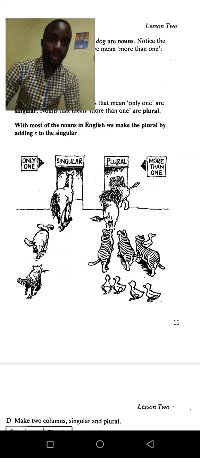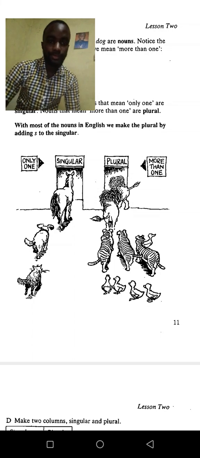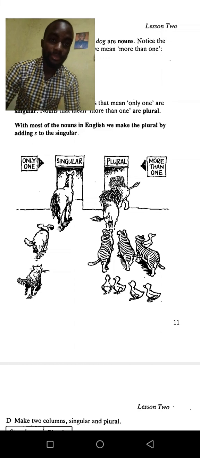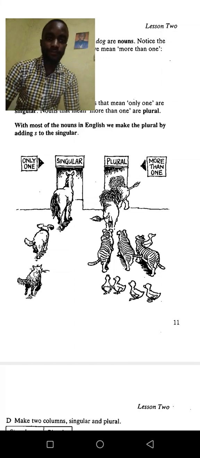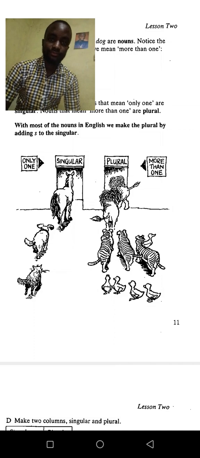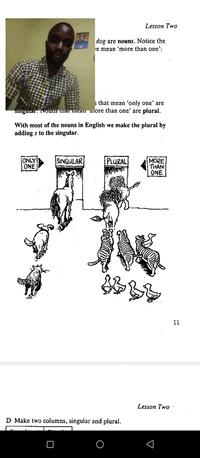So these are lions. We don't say lion. Singular is lion, but we call them lions because they are more than one. And these are maybe dogs, or let's say cats. And these are what? Dogs. All right. So that is pretty clear there.